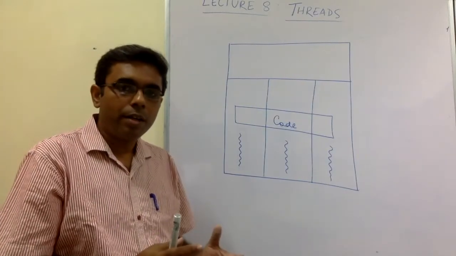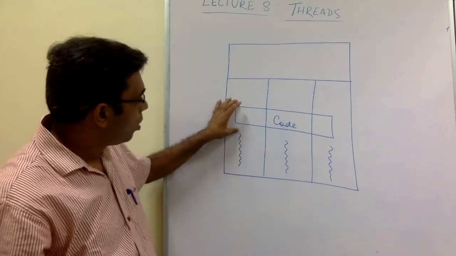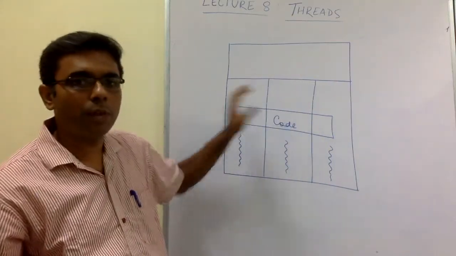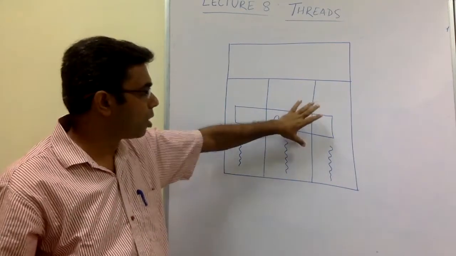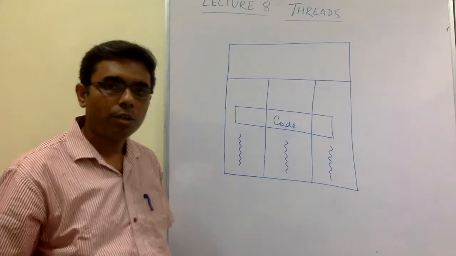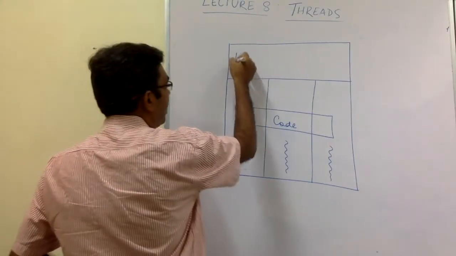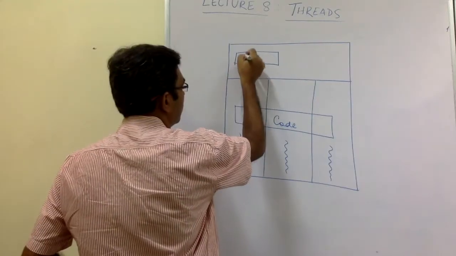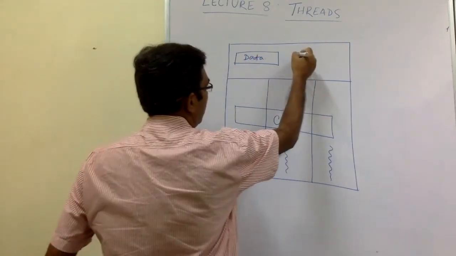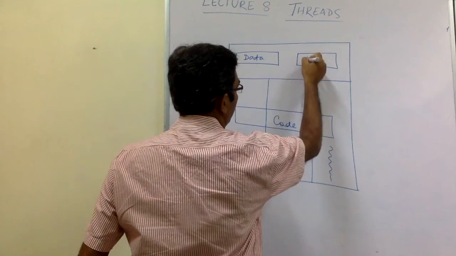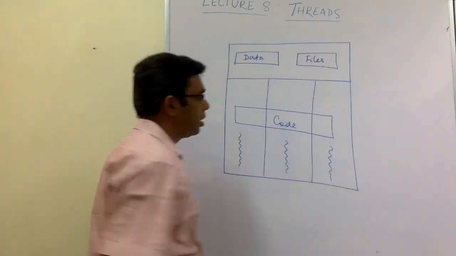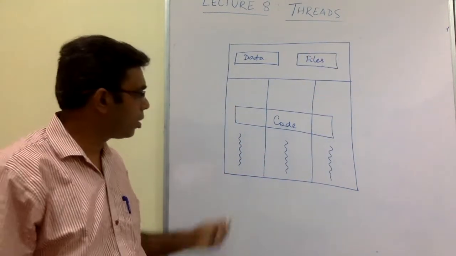So each thread is able to access the same code of the browser or the text editor. The code is shared by each one of them, and there is some data which is also shared. If there are some files with which your process is working, the files are made available to each one of those threads.